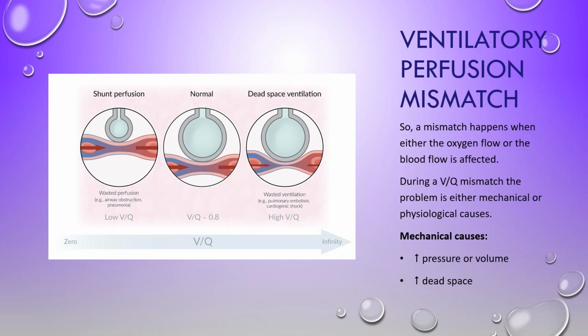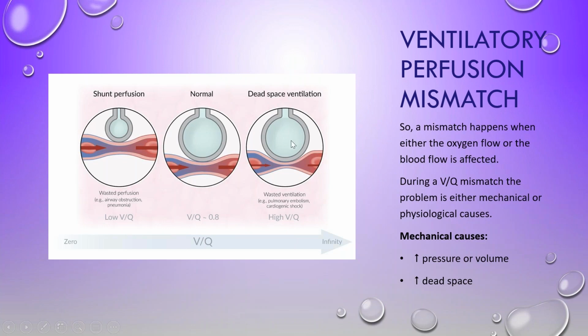During a VQ mismatch, the problem is either mechanical, bringing it in, or physiological. So the mechanical causes are increased pressure or volume, or increased dead space. This one is quite easy to identify in the infant when you are ventilating, and we're talking here about a ventilator. Often when you disconnect this child, suddenly the saturations will improve.